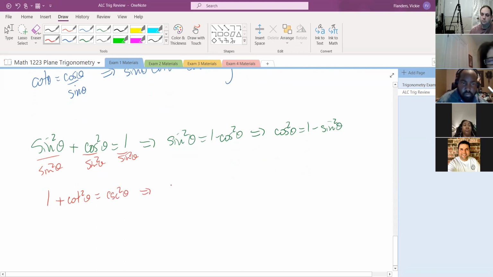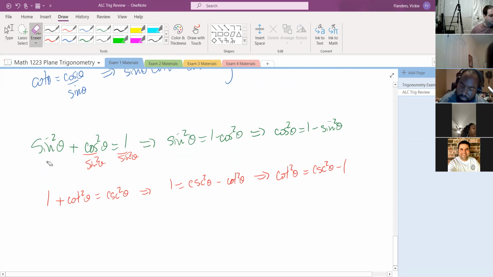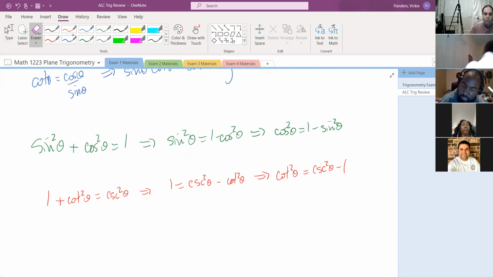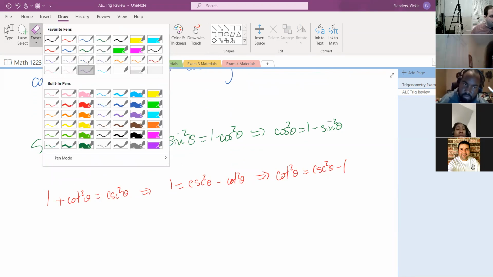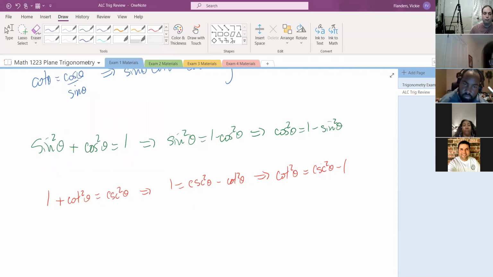And I can rearrange that: 1 equals cosecant squared theta minus cotangent squared theta, or also cotangent squared theta is equal to cosecant squared theta minus 1. Or I can go back to my original Pythagorean identity. I could also derive these by the Pythagorean theorem, but I didn't do that.